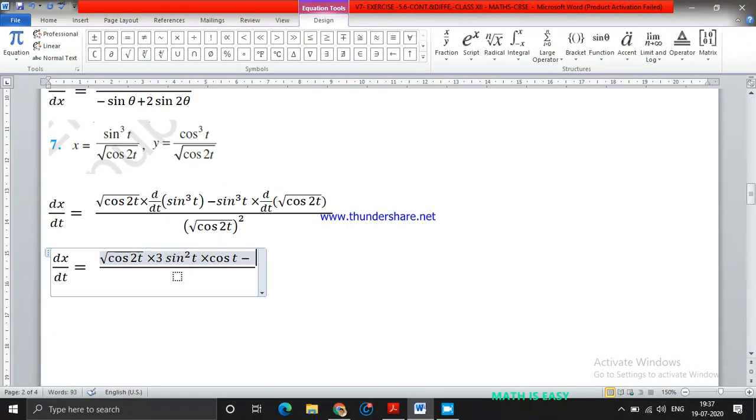Minus this sine cube t will remain as it is, multiplied by the derivative of root x.